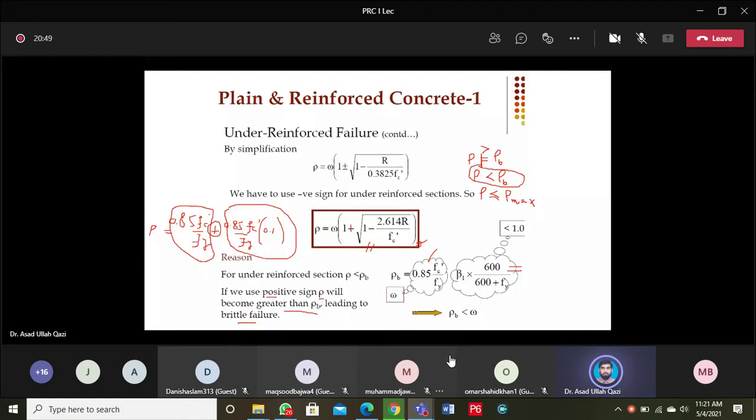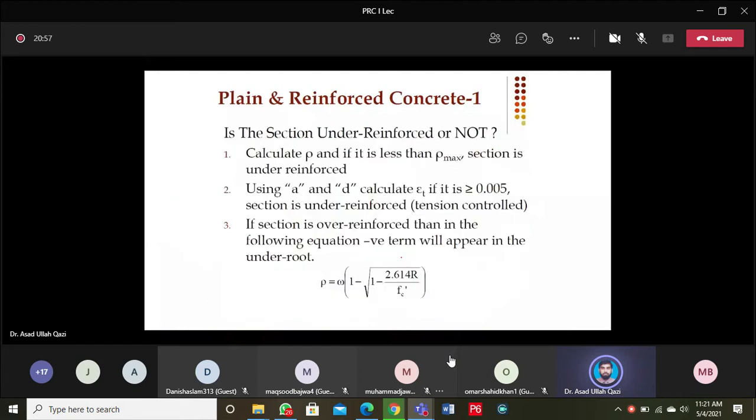And I also have mentioned in the recorded video that rather than memorizing the equation in this format, you may expand this and try to memorize in this shape, because when I apply this equation for design purpose, I use this form of equation because it helps me to minimize errors.